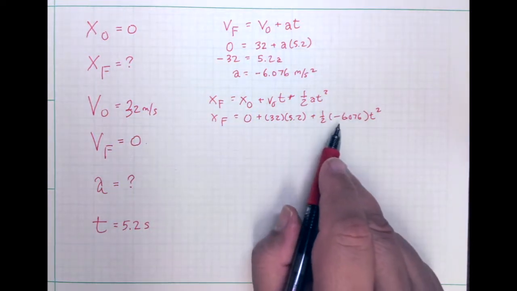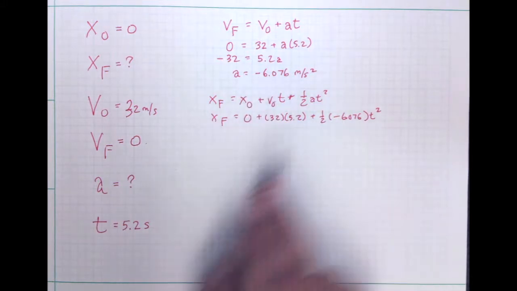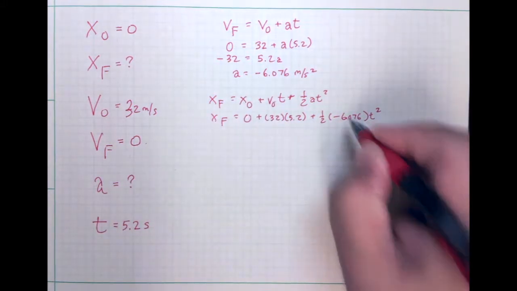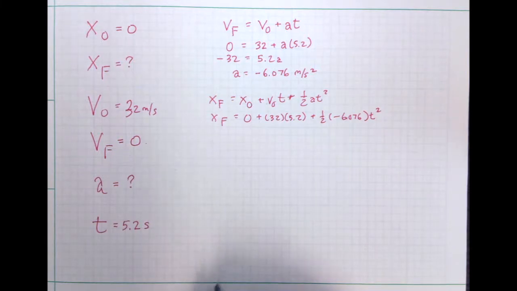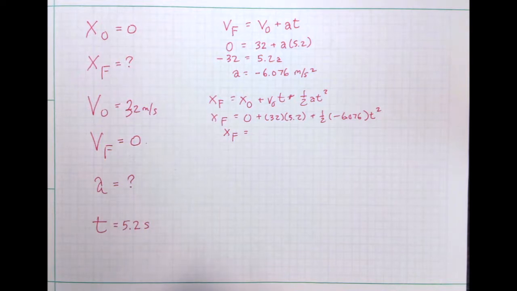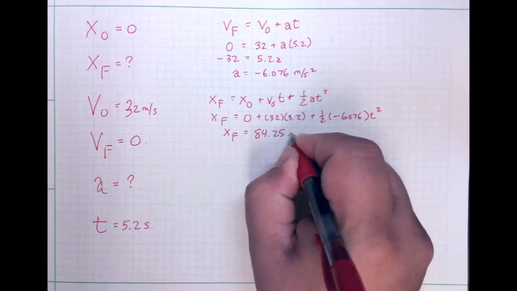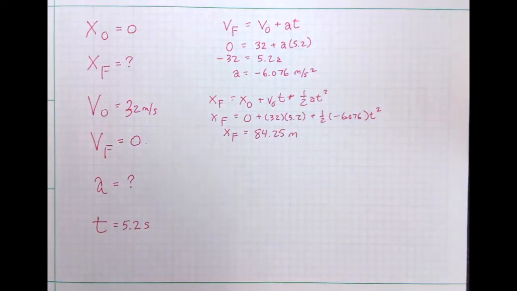Note that the acceleration must have a negative sign. We must carry over that negative sign into this equation. We find that this gives us a final position for the motorcycle of 84.25 meters. We would report this as 84 meters to two significant figures.